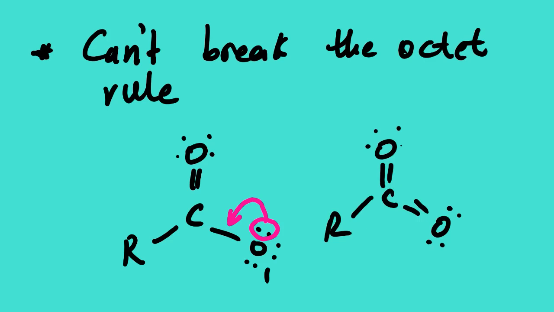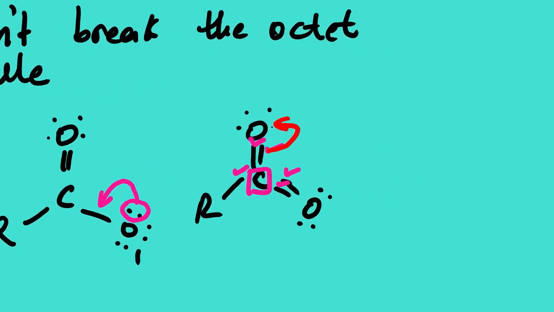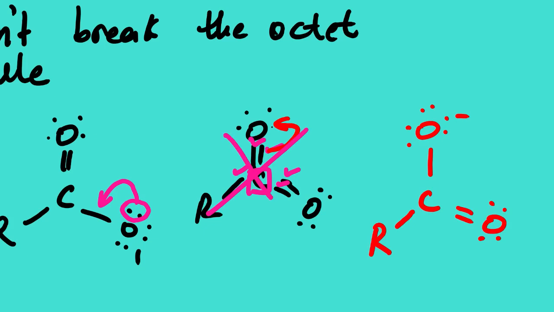We cannot leave it like this because we are actually breaking the octet rule or octet state for carbon. You can see that it's bonding 5 times instead of 4. So after doing that, automatically we need to also shift this pair of electrons so that we obtain something like this. So this will be an invalid resonance structure but you can see this one is correct.